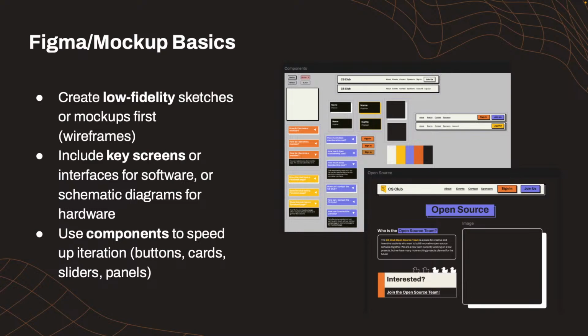You can also have components. You can see in here, there's different components for the different FAQs and buttons and headers to speed up making these designs. So you can just drag and drop once you build these components.